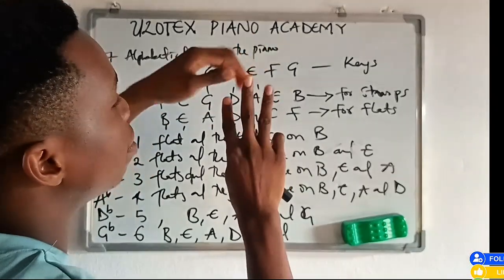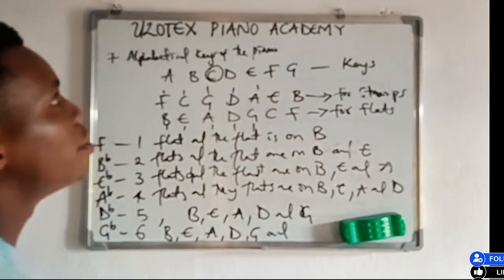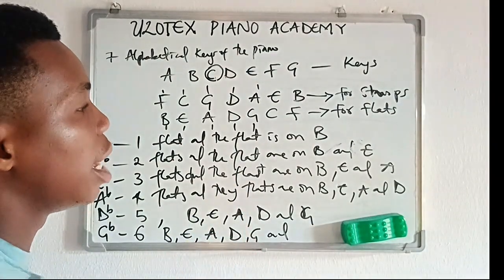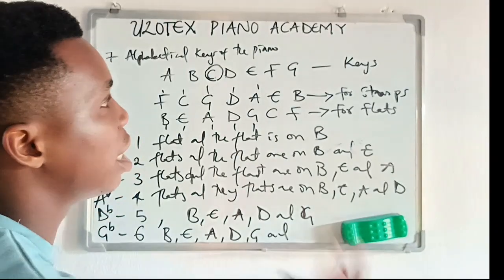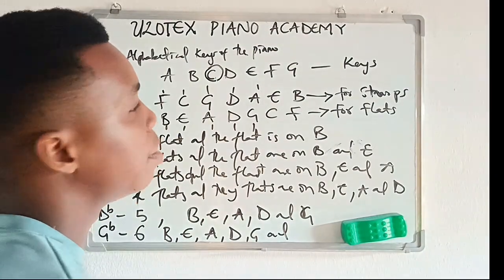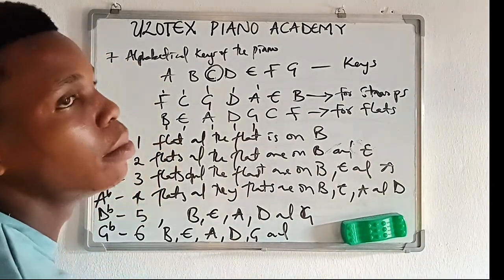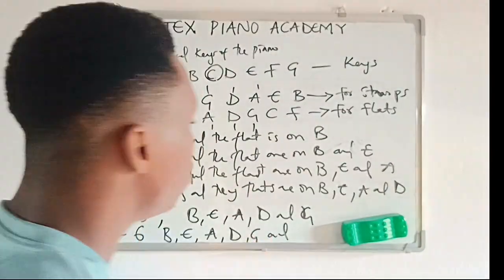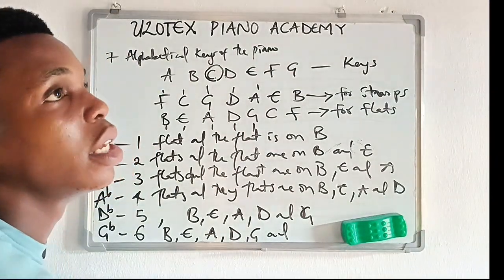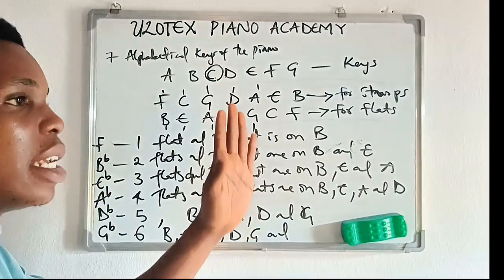Just like on the piano, when you are making a movement from E to F, you are making a semitone movement. So E to F is a semitone movement, but from E to F sharp is a tone movement. So if you're saying C flat is B major, just like we said B flat, that is just a semitone lower.